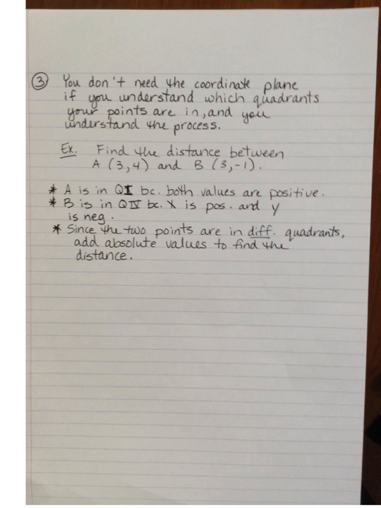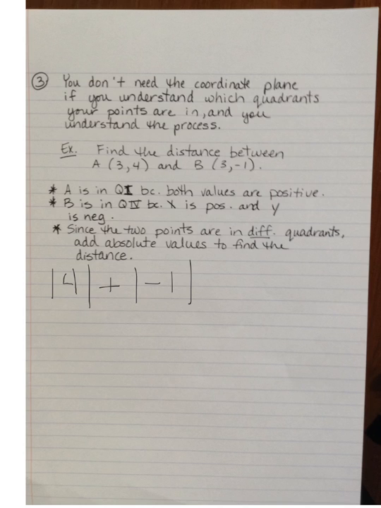I'm going to take the absolute value of 4, which is my y value, and add the absolute value of -1, because I'm looking at quadrant 1 and quadrant 4. I'm crossing over into different quadrants, so I'm going to add.